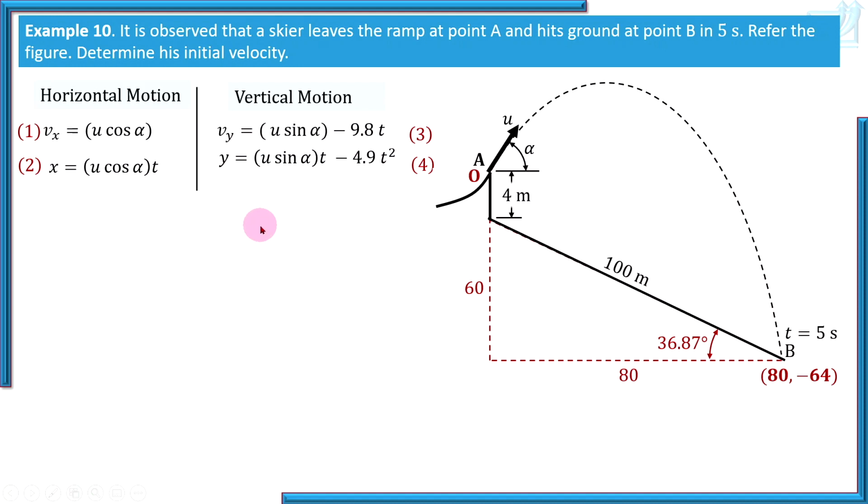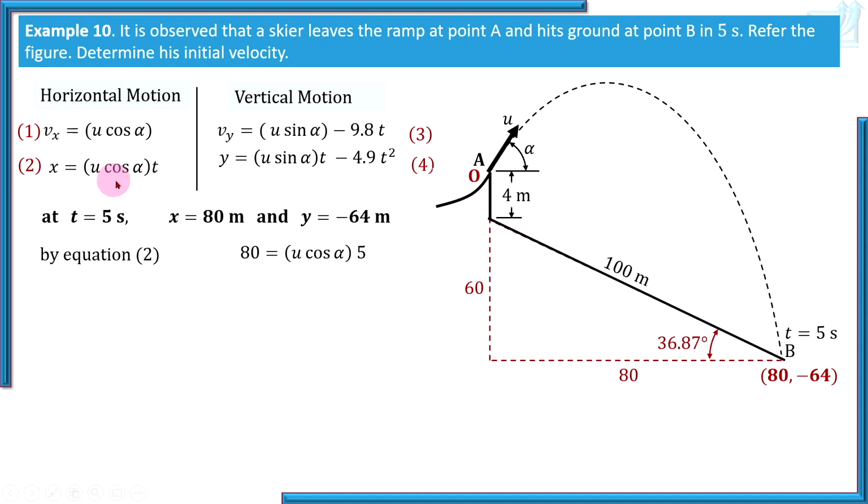Once you write equations of motion, which are the variables whose value at any particular instant is given? It's given in the problem that at t equal to 5 seconds, x is 80 meters and y is minus 64 meters. And this information is going to help you to find u and alpha. So just put these values in the corresponding equations. By equation 2, x is 80.